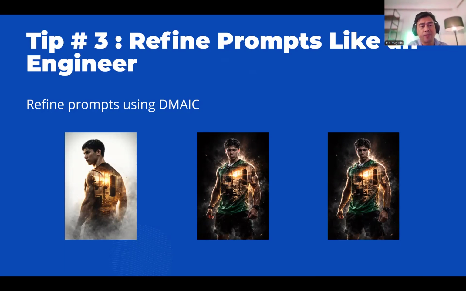So the first image that it generated based on the prompt that I gave is already, I think, scroll stopping. Okay, you can see the contrast and the double exposure. But I wanted this character to be front facing, and I wanted it to stand out more. There's a contrast. So I made the background dark, and I wanted the character to face the audience, which I think was done in the second generation.